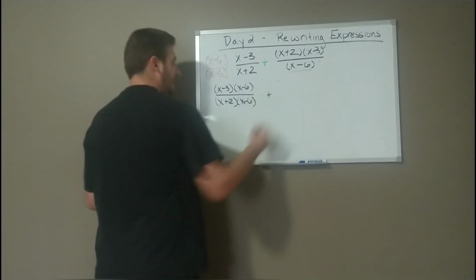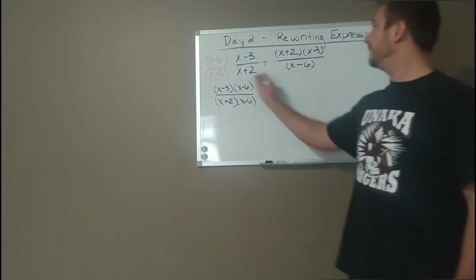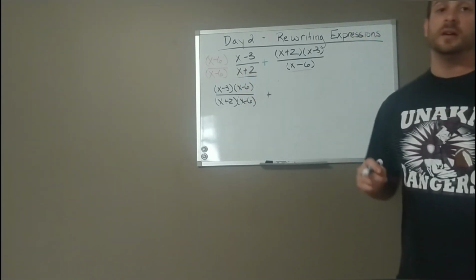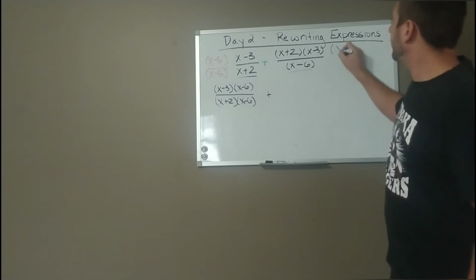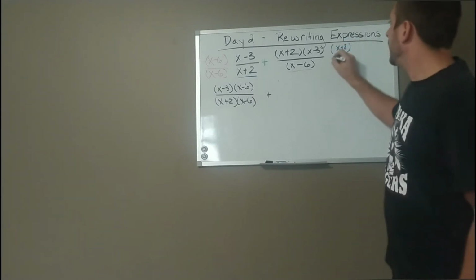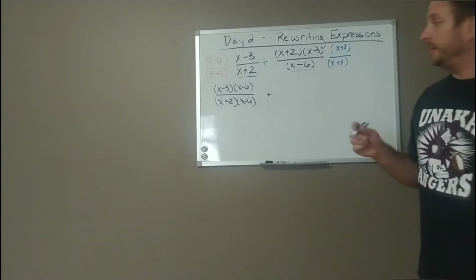And we're going to add that, and coming over here, once again, we are going to look at the denominator of the other fraction. And we're going to multiply both the top and the bottom by that denominator.